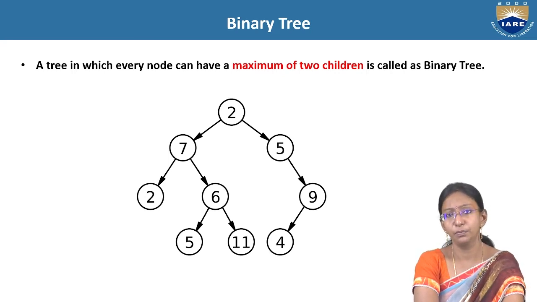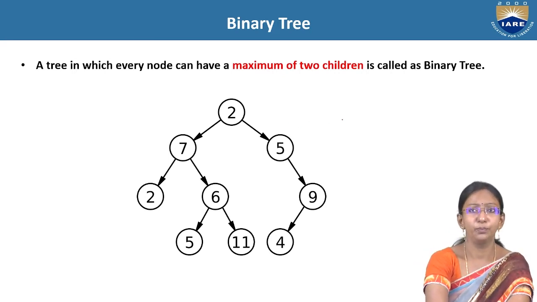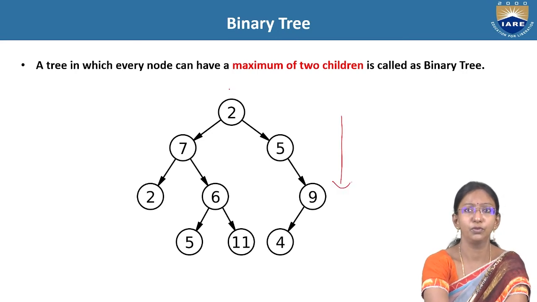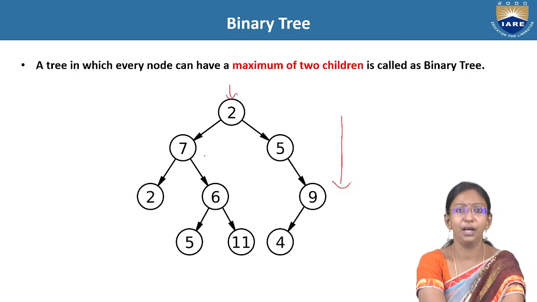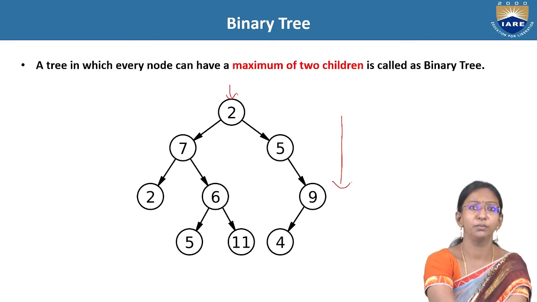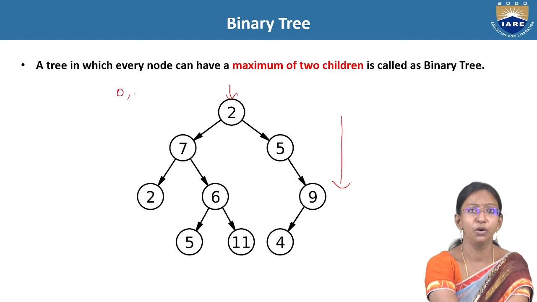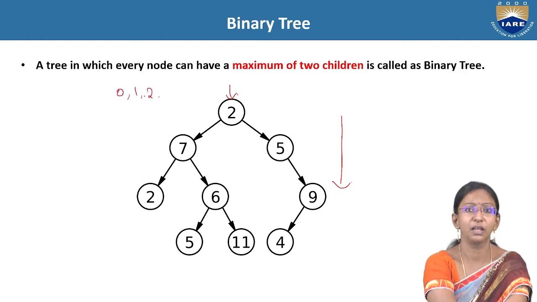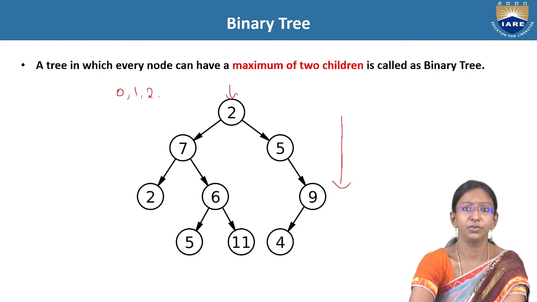Have a look at this picture. As a tree is a top-down structure, from the root, every node will have a maximum of 2 children, or 1 child or 0. That is, the number of children will be either 0, 1 or 2. That is a binary tree.